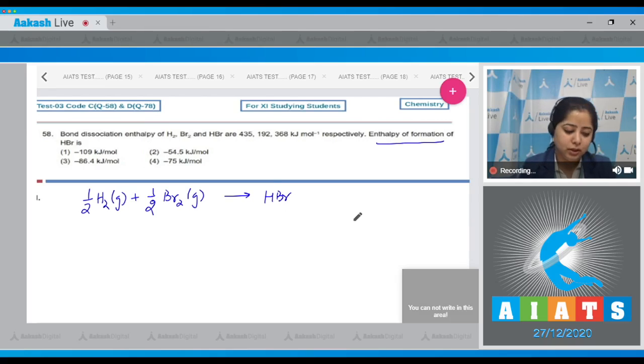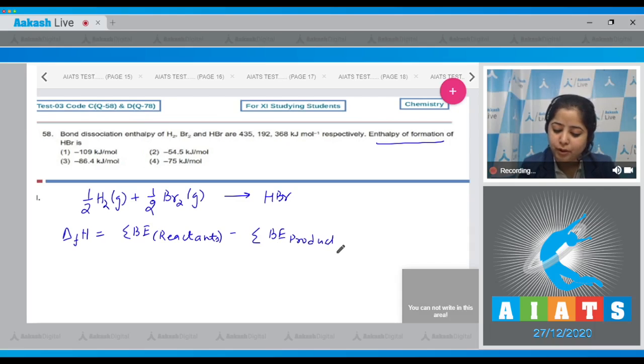mole. So let's calculate enthalpy of formation, which is equal to summation of bond energy of reactants minus summation of bond energy of products. So here reactants are H2 and Br2.